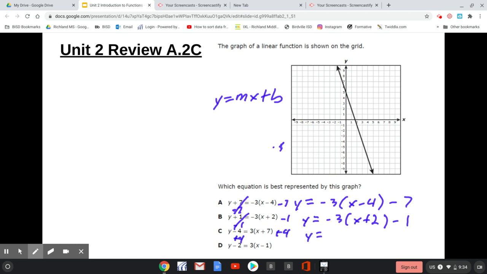So we're going to have y equals 3x plus 7 plus 4. That goes away. And the last one, we're going to add 2 to both sides, and we're going to have y equals 3x minus 1 plus 2. Now we've moved them all over and we have it as y equals.